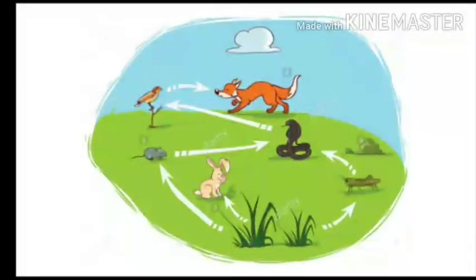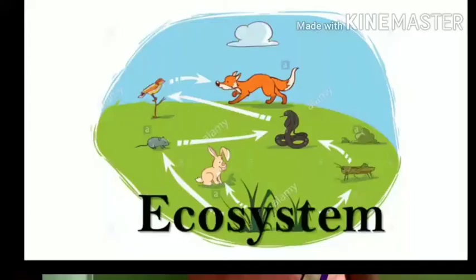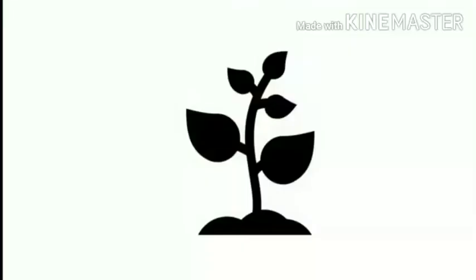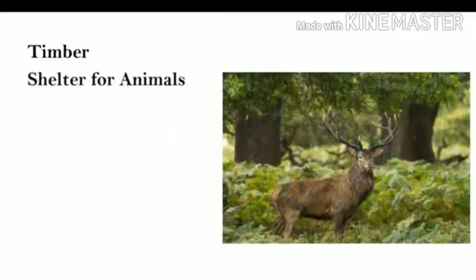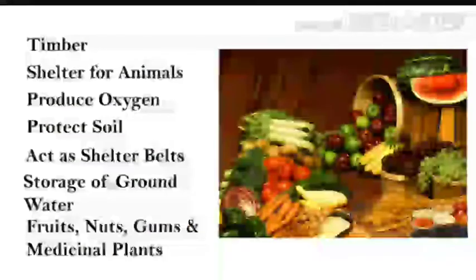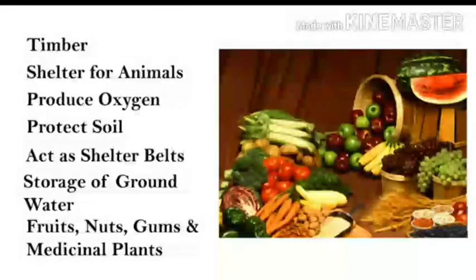Vegetation and wildlife are renewable resources. The life supporting system is the biosphere, where living beings are interrelated with each other for survival, known as the ecosystem. Here, timber, shelter for animals, oxygen, soil protection, shelter belts, storage of groundwater, fruits, nuts, gums and medicinal plants, everything is available in natural vegetation.